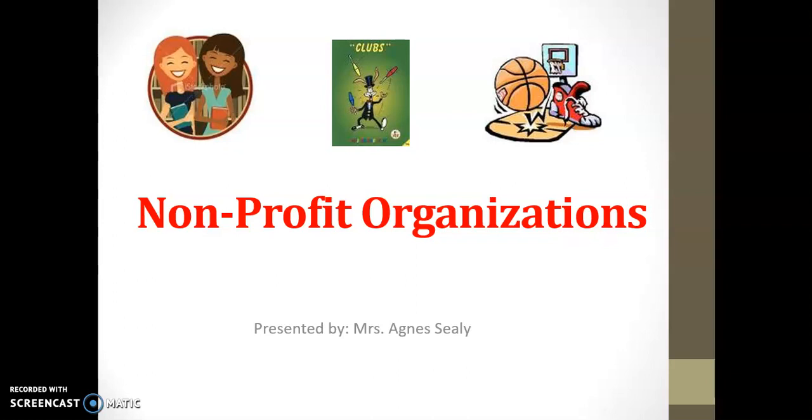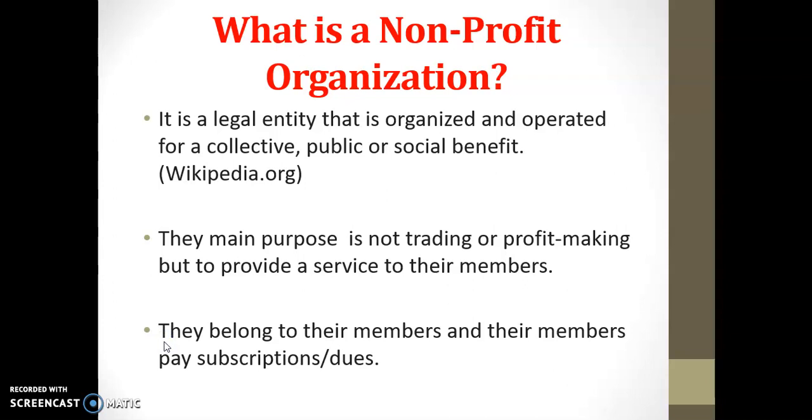But before we get into our example question, what we will talk a little bit about is what a nonprofit organization is. So let's look at what is a nonprofit organization. Now, a nonprofit organization is a legal entity that is organized and operated for a collective, public, or social benefit, and this is according to Wikipedia.